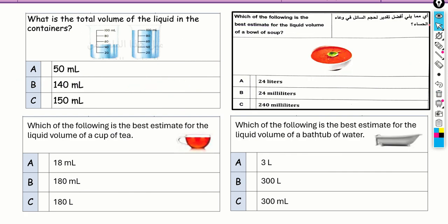Next we have questions about liquids. I think many of you remember that in the classroom we discussed water bottles and some different kinds of containers. How do you see? Okay, this is 20 ml, 40, 60, 80, 100 ml.